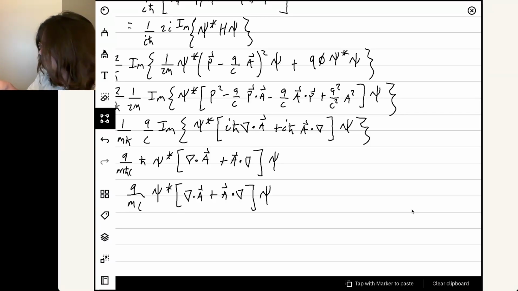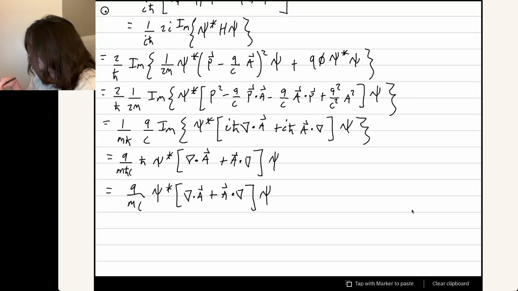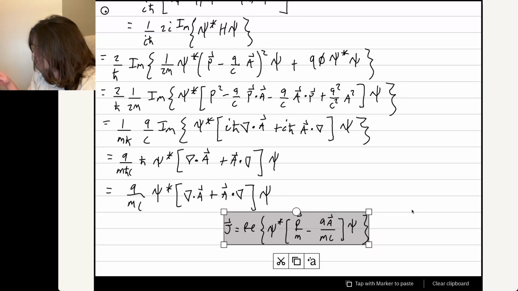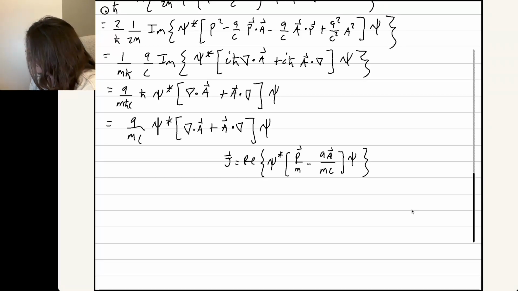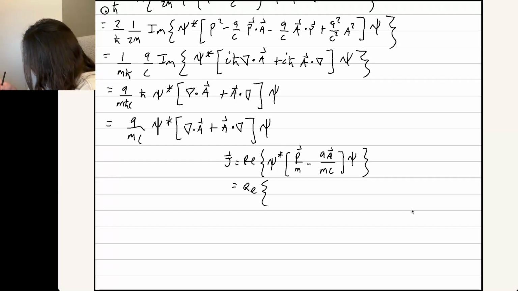So we need to prove that this is equal to negative the divergence of J, where J is given by this equation, the real part of that stuff in there. Just looking at this term, I can already tell that there's going to be some non-imaginary components. So I'm going to expand the definition of the momentum again, like that.